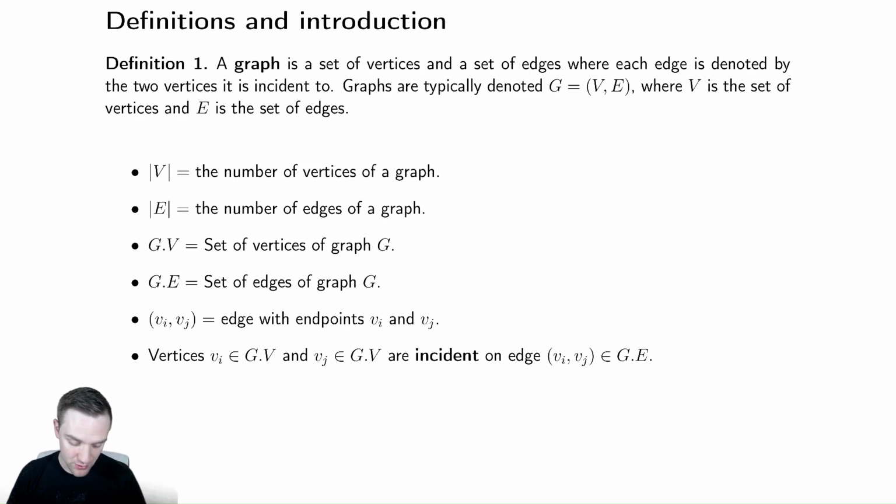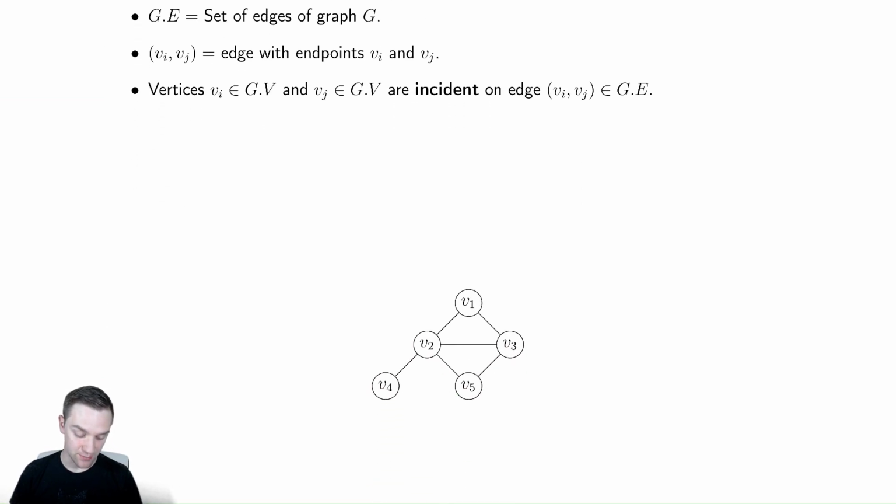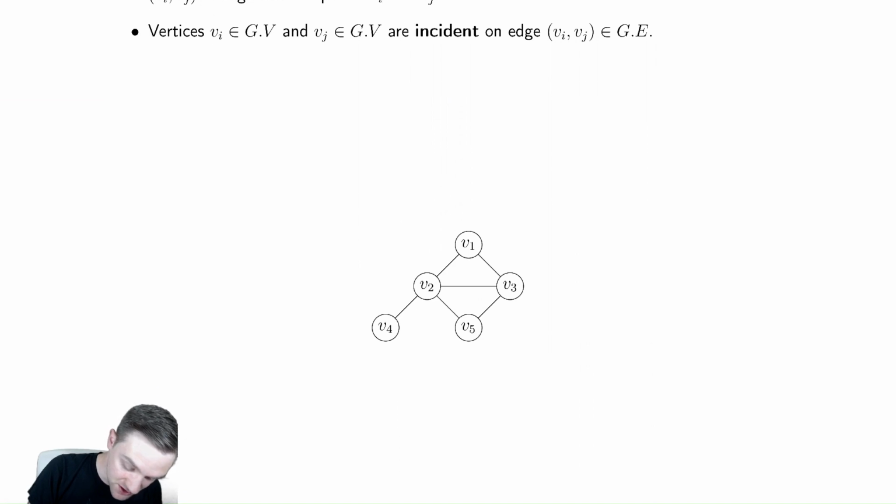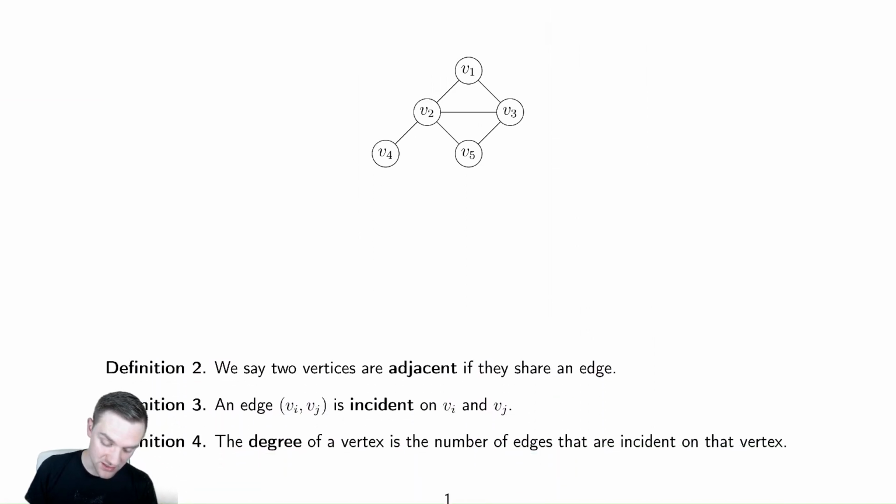Let us go down to a quick example of a graph. Here's a nice simple one. It has 5 vertices, denoted as V1, V2, V3, V4, and V5. It has 1, 2, 3, 4, 5, 6 edges. And there's a couple of other definitions, which is we can talk about two vertices being adjacent.